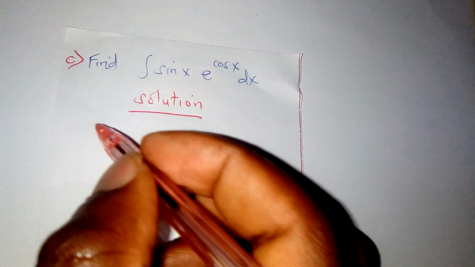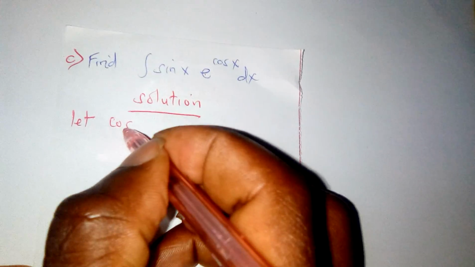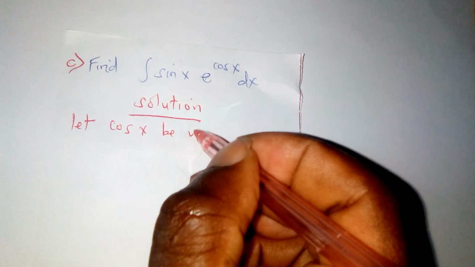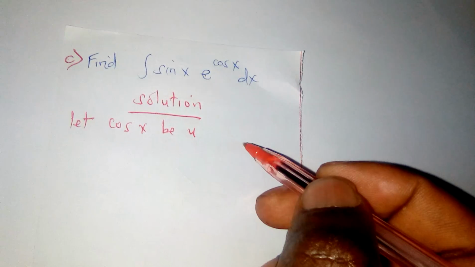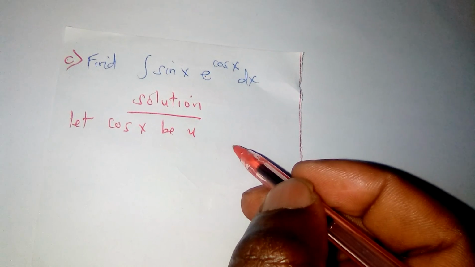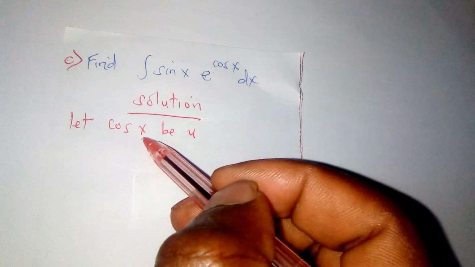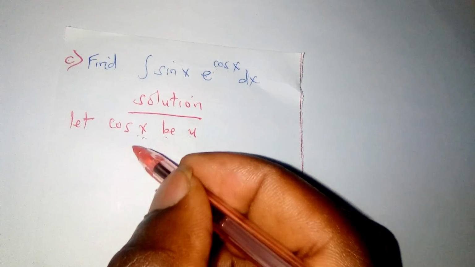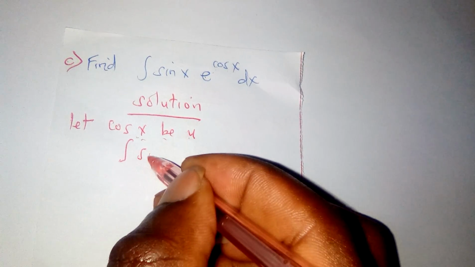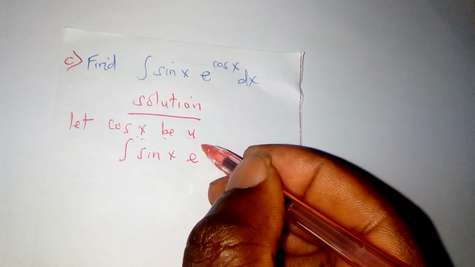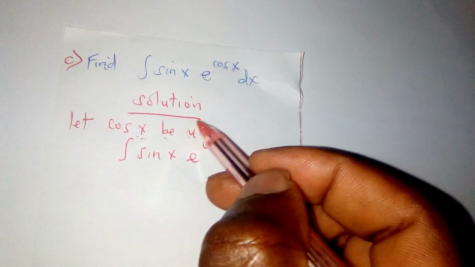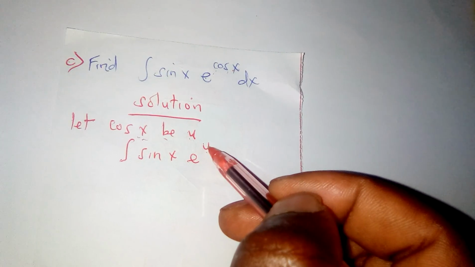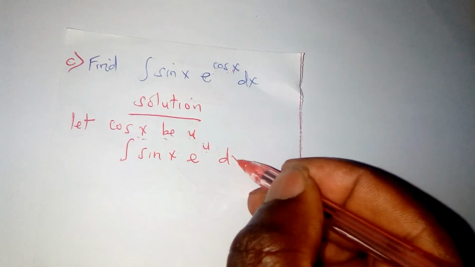So I'll come here saying let cos x be u, and having let cos x be u, that means my new values, by substituting cos x with u, shall be the integration of sine x times exponential of u, remember cos x is u, and that's why I've written u there, then I have dx there.